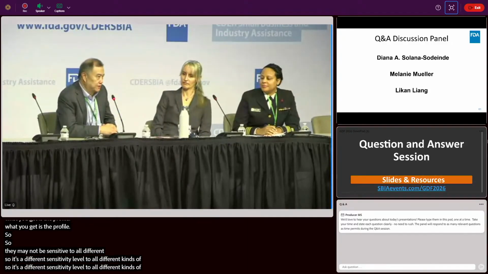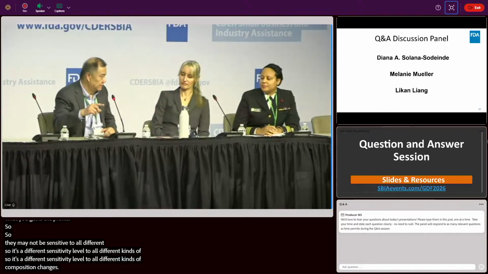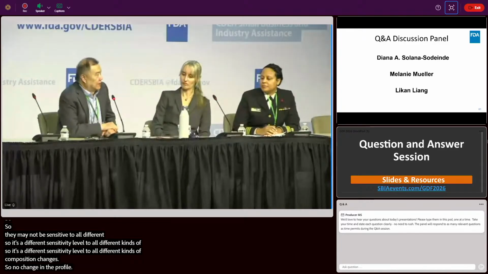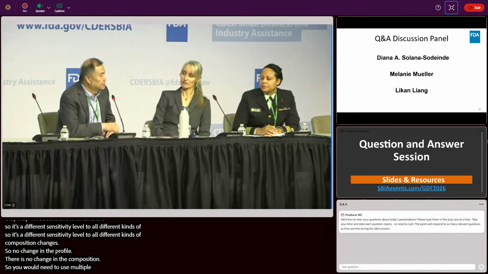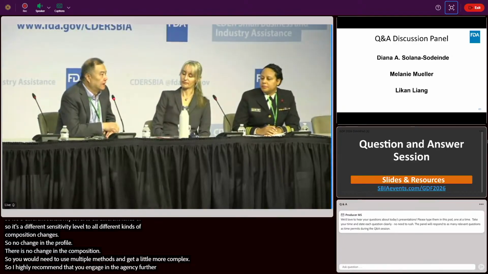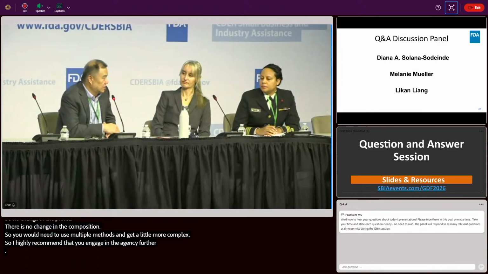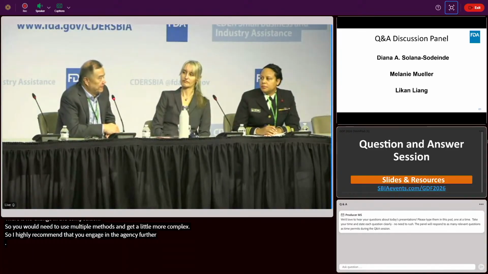So there's a risk there. Even if there's no change in the profile, it doesn't mean that there's no change in the composition. So you would need to use multiple methods, and it gets a little bit more complex. So I would highly recommend that you engage the agency further, either in a pre-ANDA product development meeting request or some kind of controlled correspondence. So, thank you.